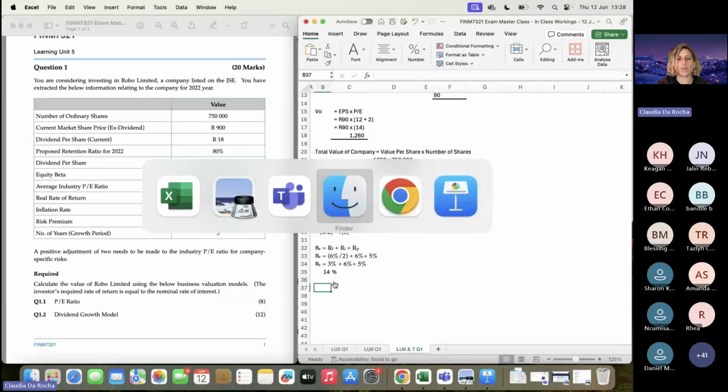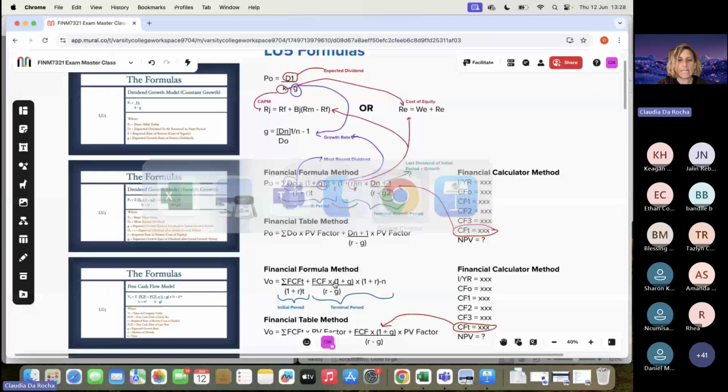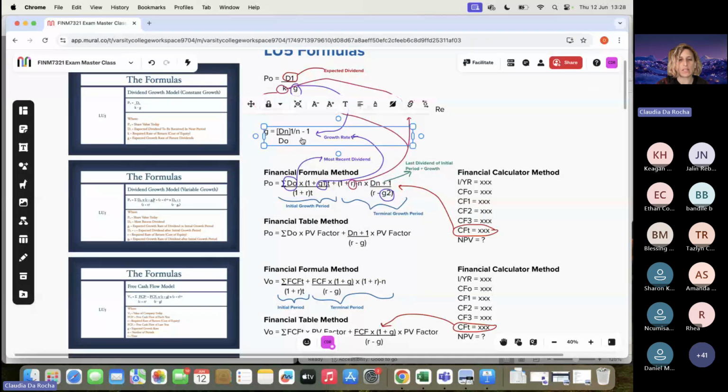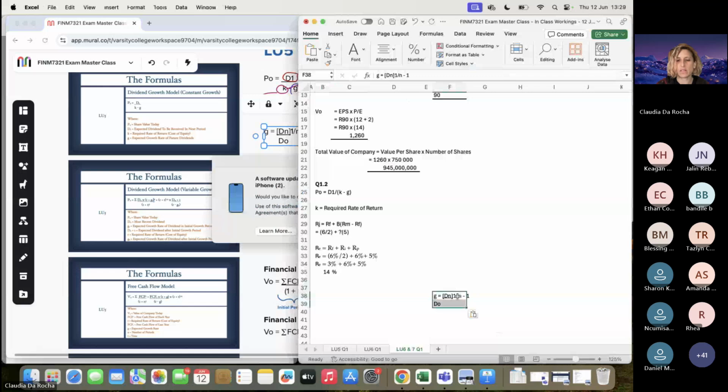So to remind ourselves of the growth, here is our growth rate formula. This is the one. Our growth formula is (Dn / D0) to the power of 1 over n, minus 1.